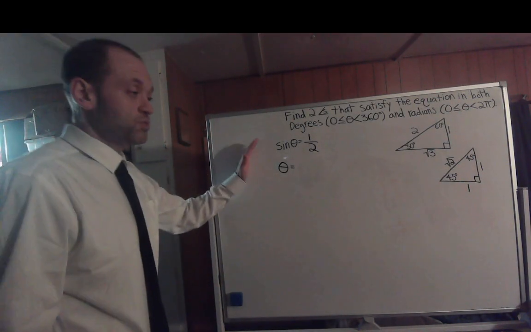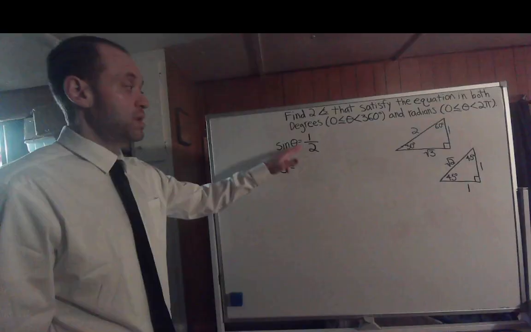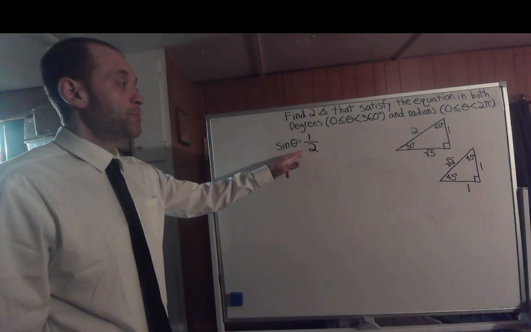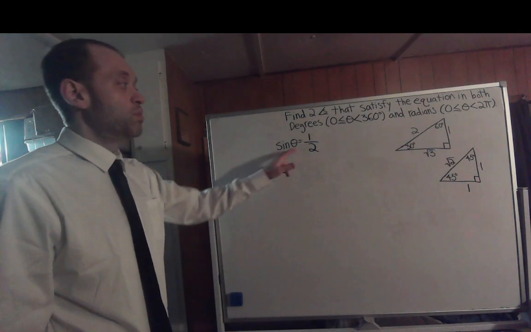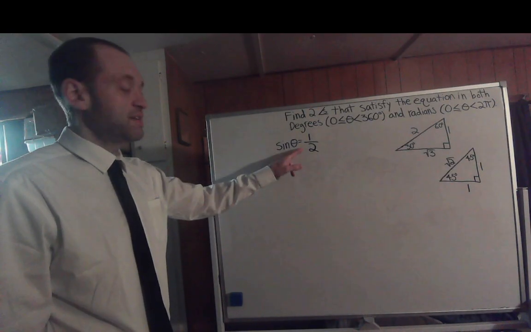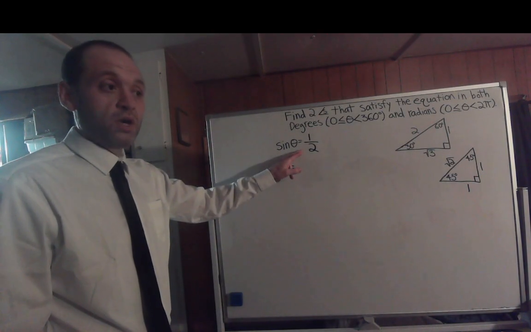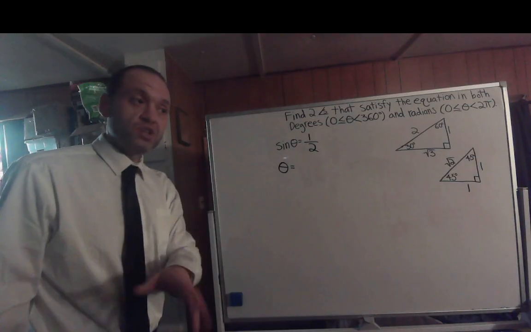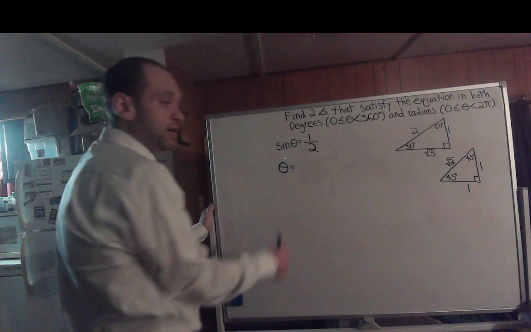So for the first one here, we have the sine of theta equals positive 1/2. Well, let's start with a regular angle that would equal 1/2. Of course, the sine is definitely positive in the first quadrant, but it's also positive in the second quadrant, right? Well, why don't we start with the first quadrant angle? So the sine of theta equals 1/2.